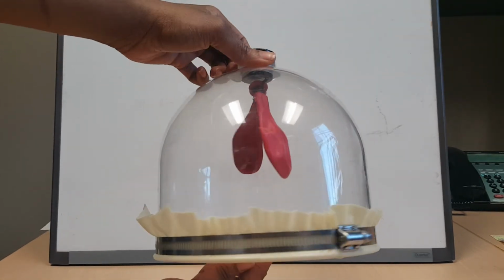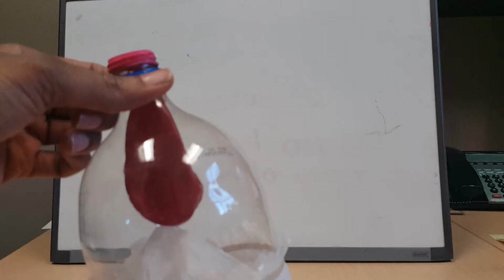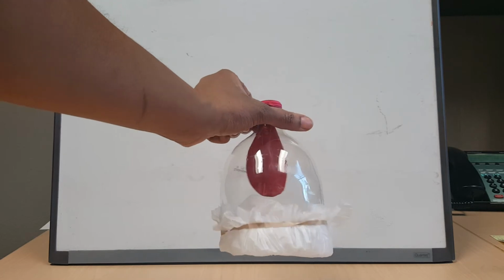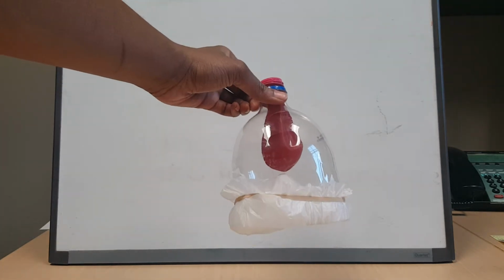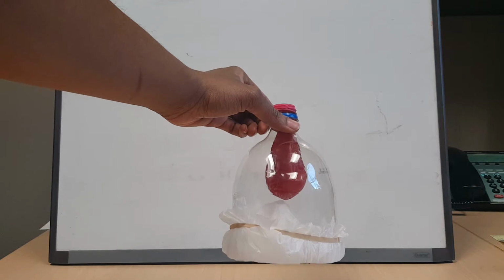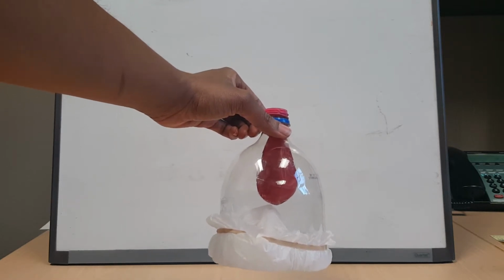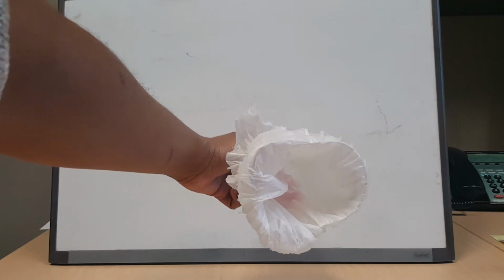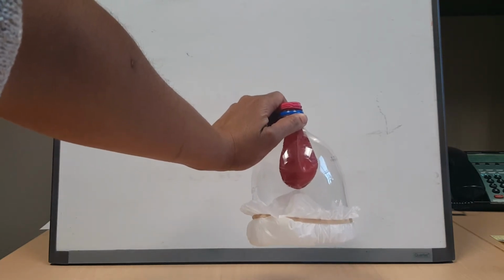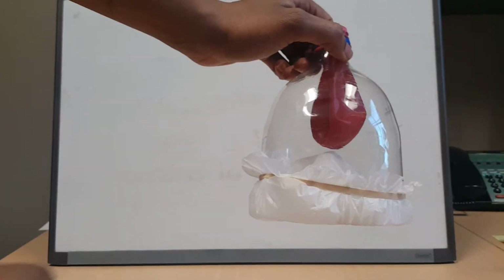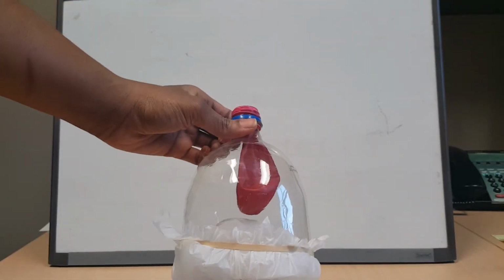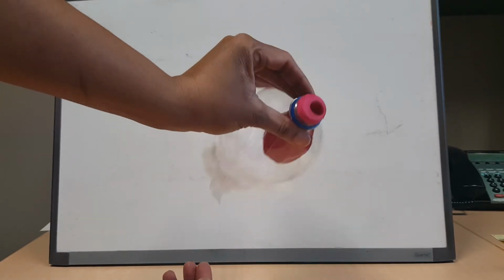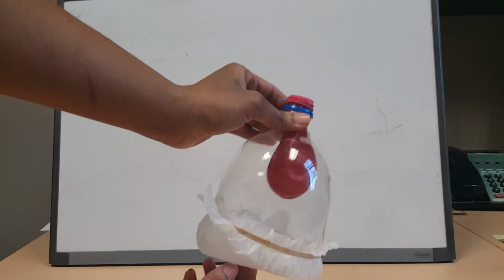A cheap way to do this at home is to use the top of a 2-liter bottle. We still have our balloon to represent our lung, except now we only have one balloon. And then for our diaphragm at the bottom, a regular plastic bag from a grocery store works. Then just seal it around the end of that 2-liter bottle, with your balloon stretching over the top here.